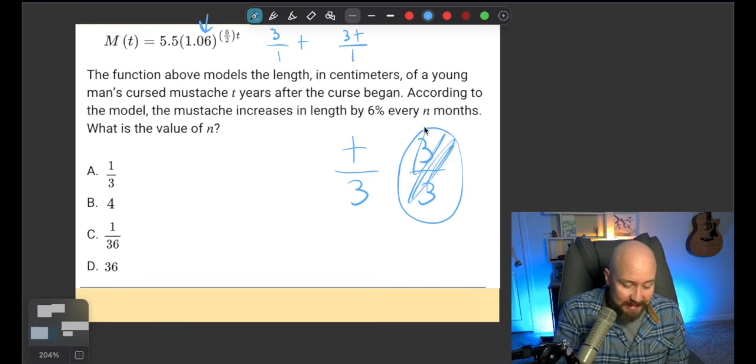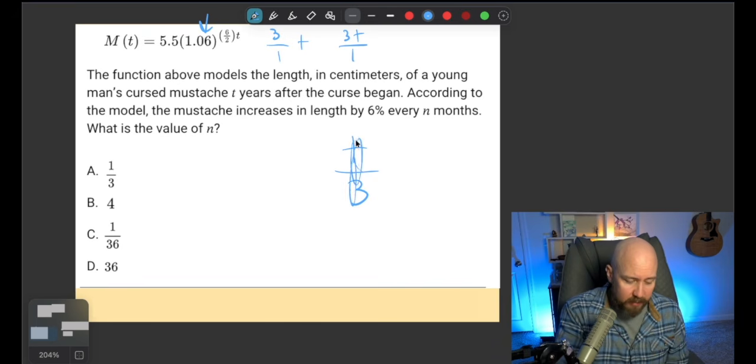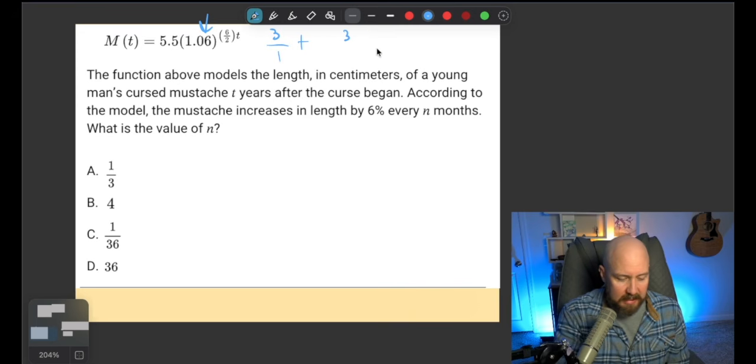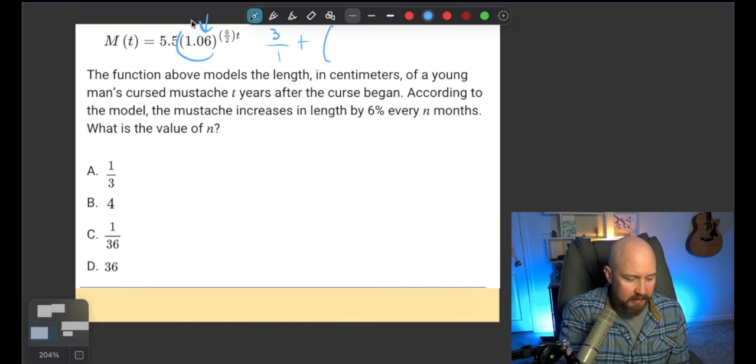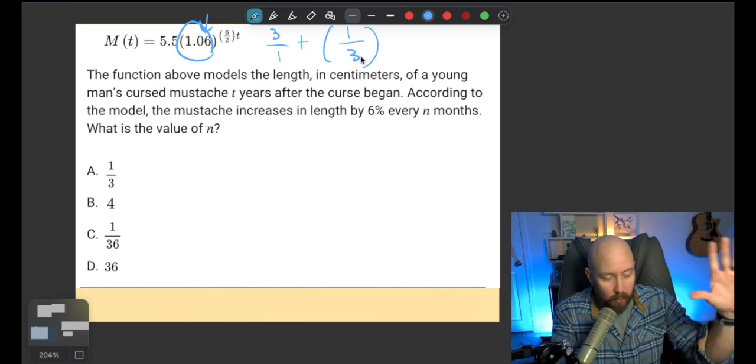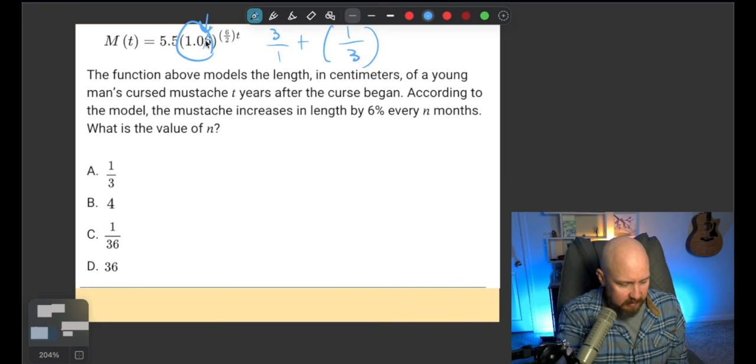So in order to do the same thing, to turn our exponent into 1, we actually need to multiply by the reciprocal. So if we have 3 over 1t, then the number that we're actually aiming for, in order to get this 6% increase this time, would be 1/3 of whatever time period they're giving us. So let's actually do the question so I can show you what I'm talking about.